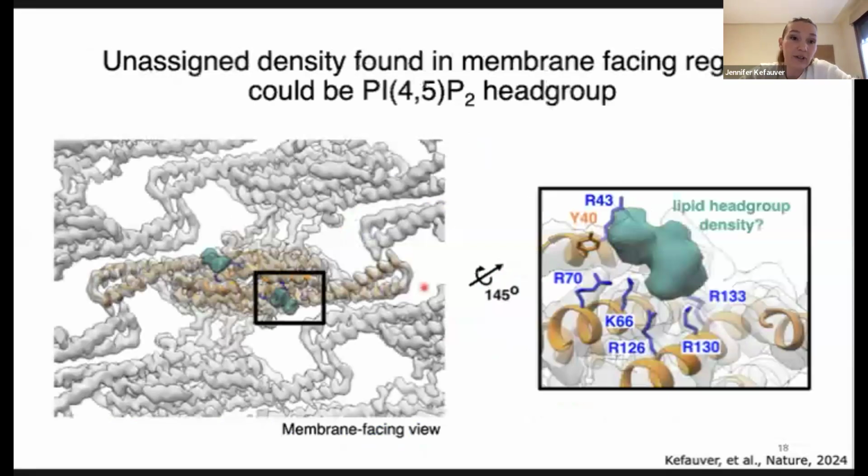And in fact, when we look in our EM maps, we can see some unassigned density sitting in this membrane-facing pocket. And that unassigned density is coordinated by all of these positively charged residues. I think it's a pretty good candidate for a PIP2 head group, but in these near native samples, I didn't really have the resolution to orient a PIP2 molecule or even say how many lipid head groups could fit in this density.